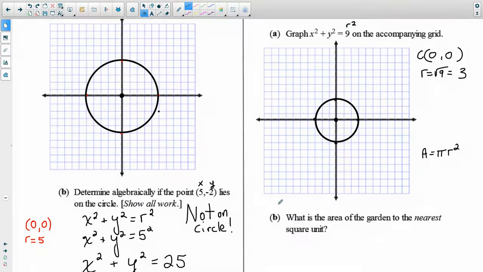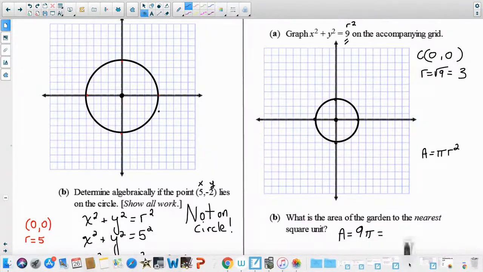So quite simply, if they were asking what is the area of a garden to the nearest square unit, you can start by saying, if you have the equation, that the area in terms of pi will be equal to whatever this number is, because that's your r squared, 9 times pi. However, they didn't want it in terms of pi. They want it to the nearest square unit.